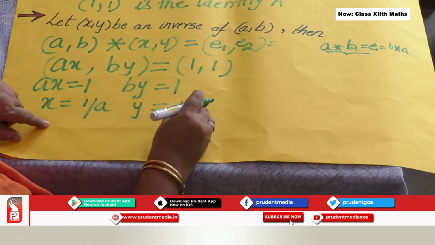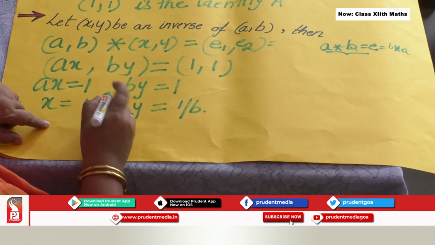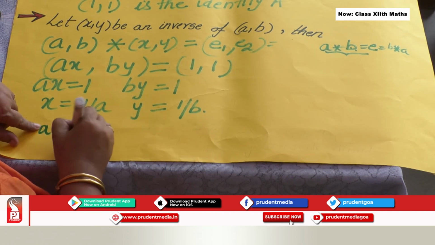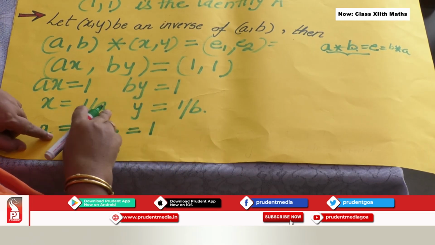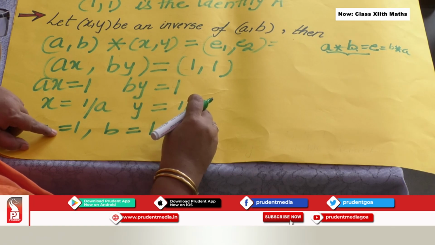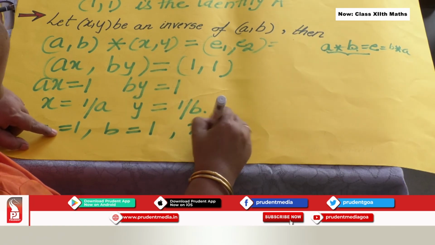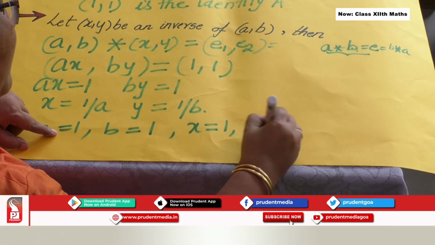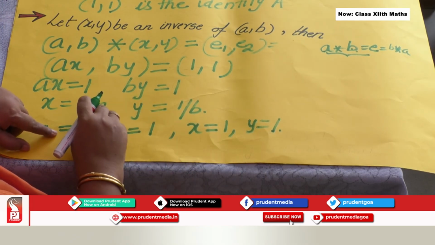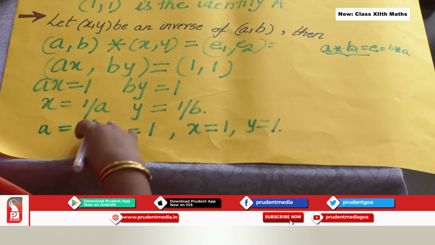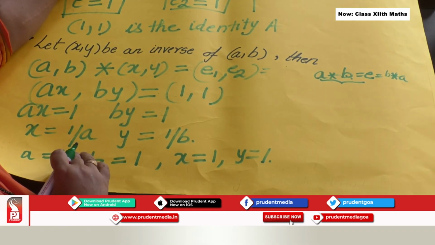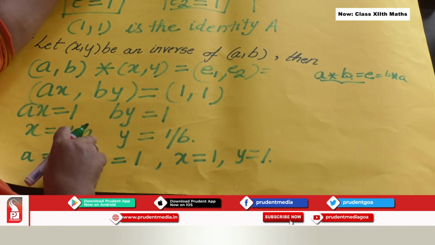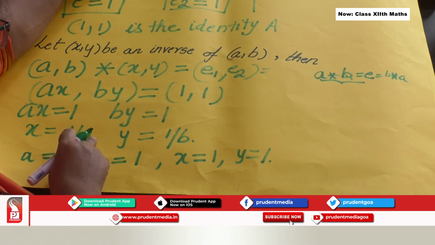But this will be true only when the value of A is 1 and the value of B is 1. Is it clear to you all? If the value of A is 1 and the value of B is 1, then the value of x will be 1 and the value of y will be 1. If it is 2 and so on, because we have taken set A as the set of natural numbers, then it won't work.